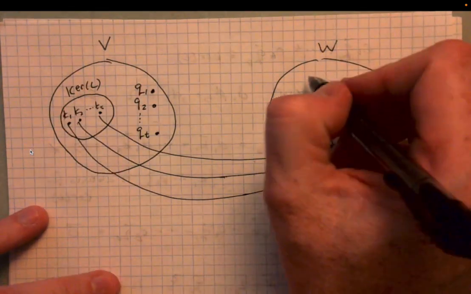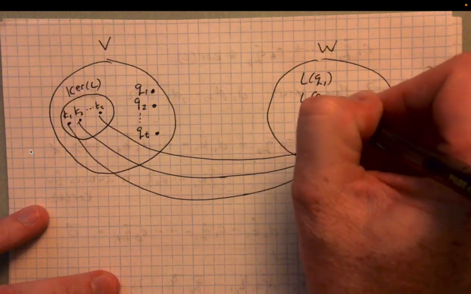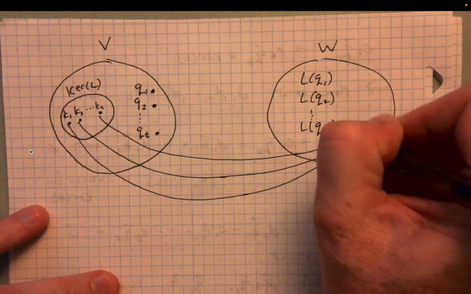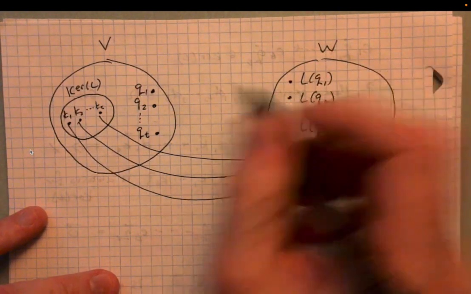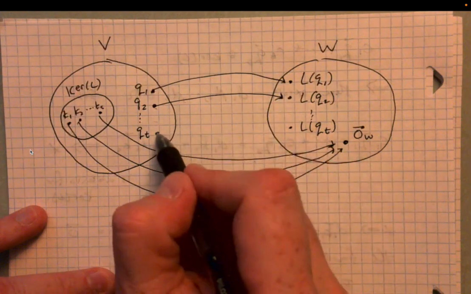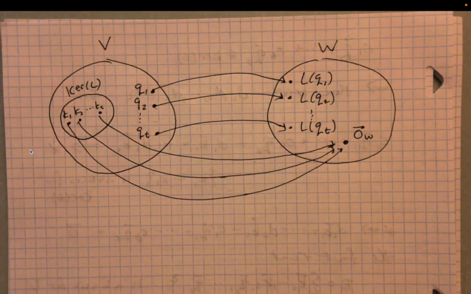Over here you've got L of Q1, L of Q2, dot, dot, dot, L of Qt, and these all map over like that. So this is what the picture looks like.